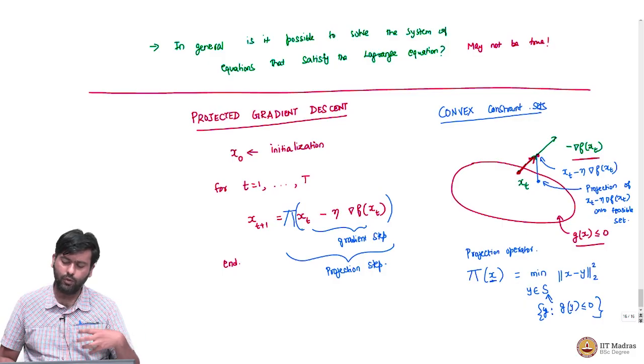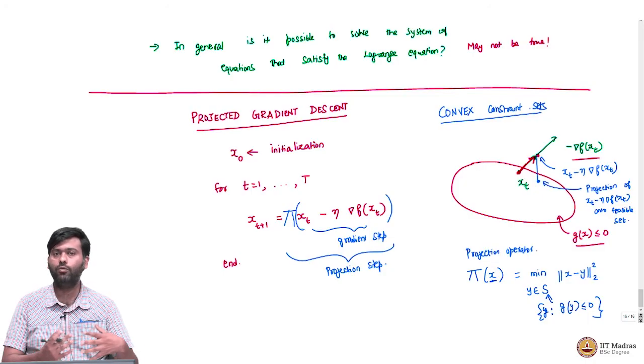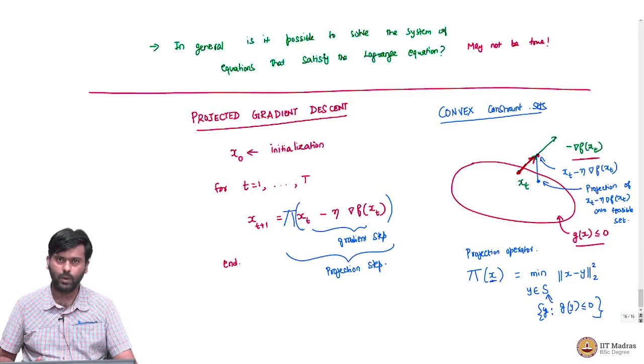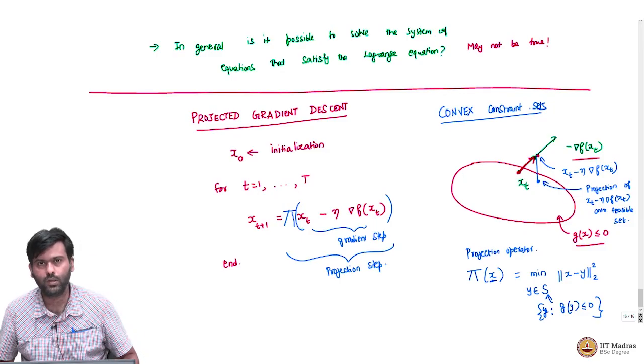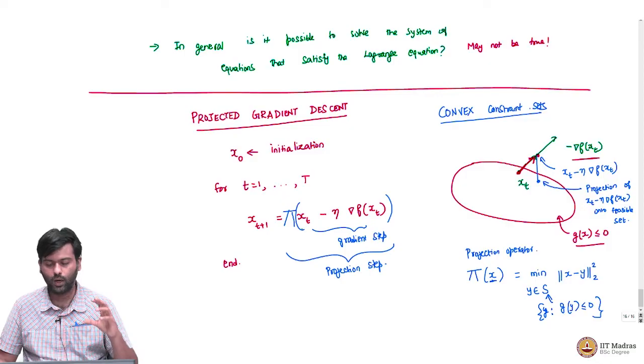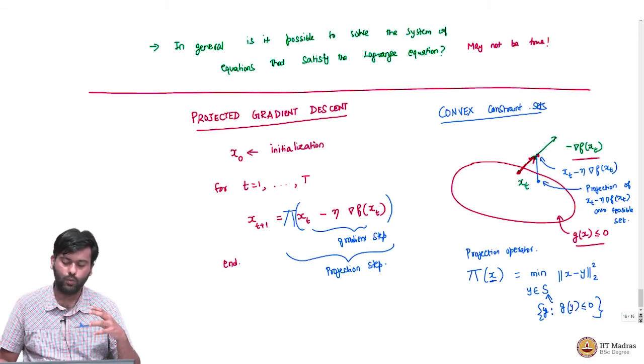And if your function that you are optimizing is also convex and has some nice property, we can also argue how fast you will converge to the optimal. Probably we will not do that in this set of lectures, but what I also want you to understand is that the goodness of the algorithm also comes with respect to the function that you are trying to optimize and the set in which your constraint is.